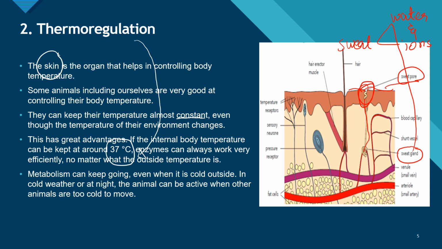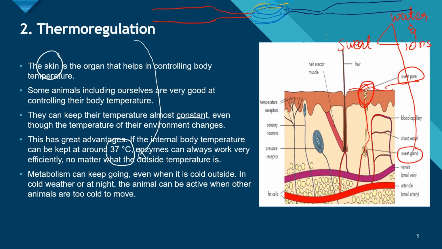Arterioles bring oxygenated blood to the skin. These divide to form capillaries, which take blood up to just below the skin surface before joining together again to form venules. Now, when we look at the past chapters we have done, transport in humans, we know that we have arteries that form arterioles, and then they form capillaries. These capillaries also join and form venules, and then these venules form veins.